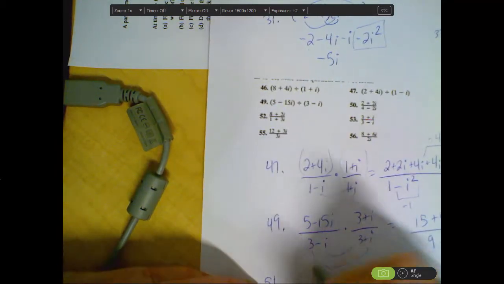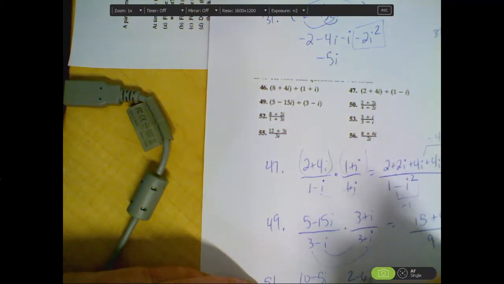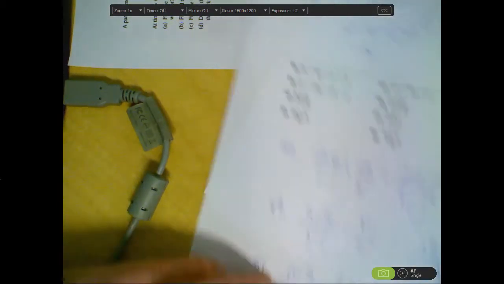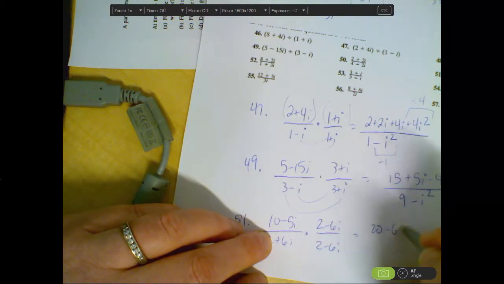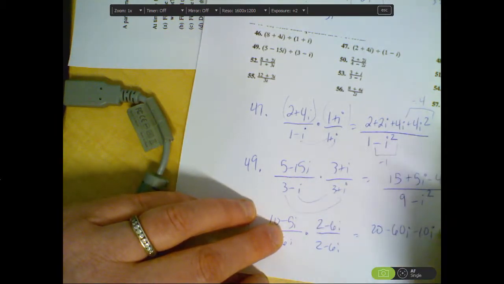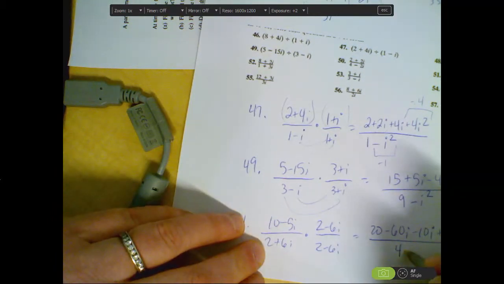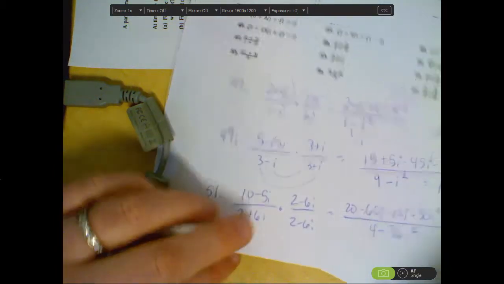51. 10 minus 5i over 2 plus 6i. Have to multiply by 2 minus 6i over 2 minus 6i. FOILing again. 10 times 2 is 20. 10 times negative 6i is negative 60i. Negative 5i times 2 is negative 10i, plus 30i squared, all over 4 minus 36i squared, because the outside and inside cancel out.